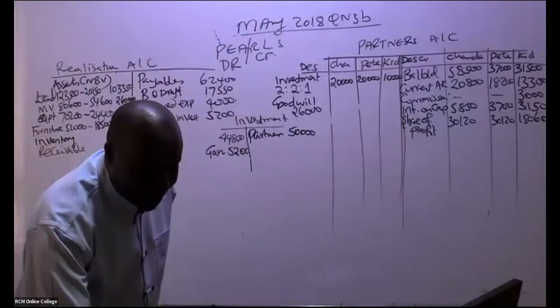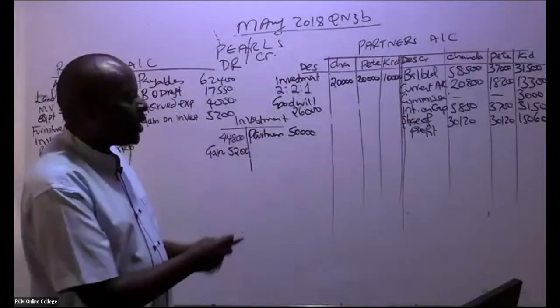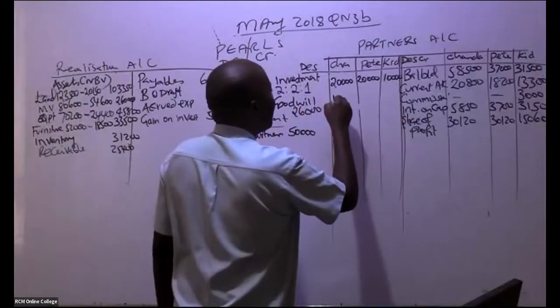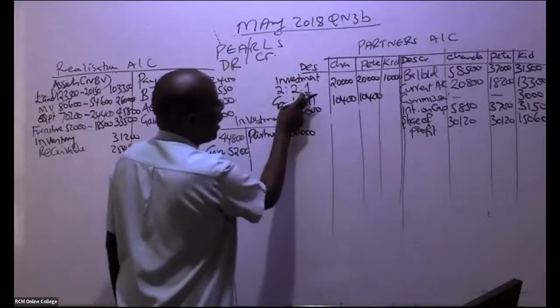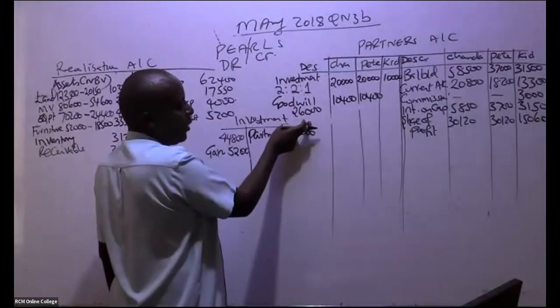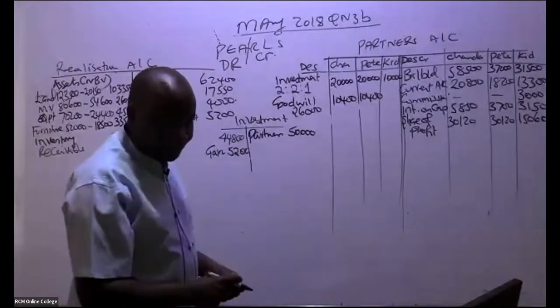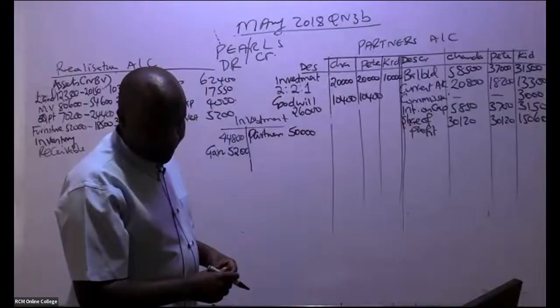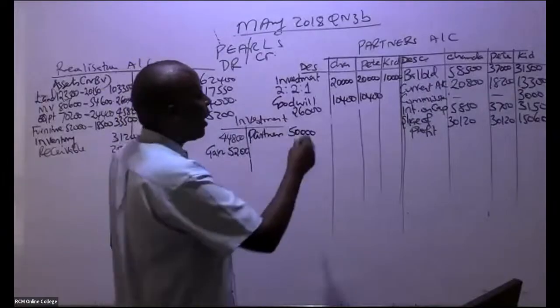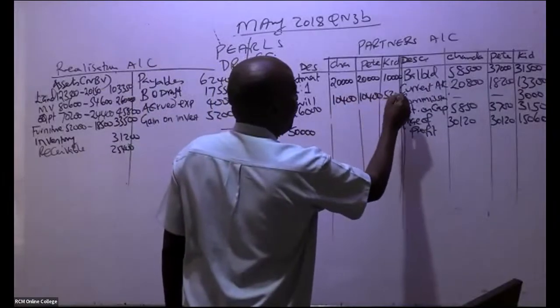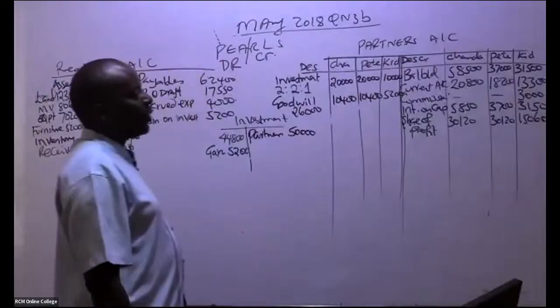So the goodwill there is 10,400, and then we have now 1/5. If you remember 1/5, that will end up giving us what figure? 5,200, like that.